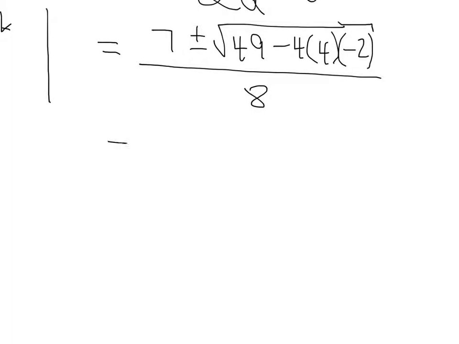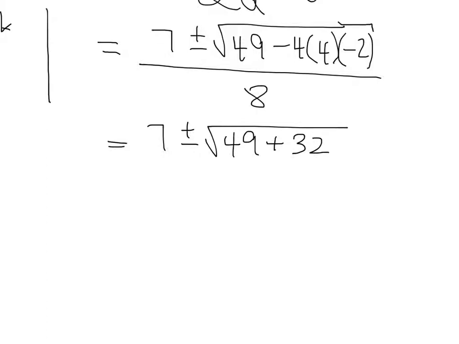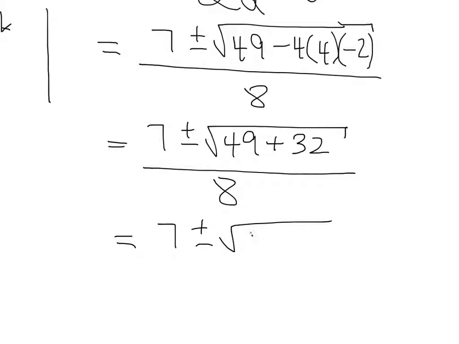So this is going to be 7 plus or minus the square root of 49 plus 32. So 4 fours is 16, times 2 is 32. We've got two negatives there, so they make a positive. All on 8. So we've got 7 plus or minus the square root of 81 on 8.